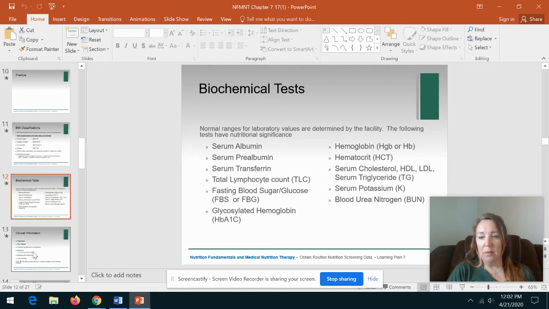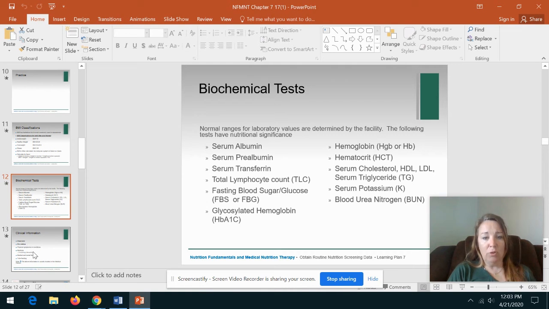So we might not see an increase in serum albumin for 3 weeks to a month, whereas we contrast with the serum prealbumin that has a much shorter half-life, and we can start to see the results of our nutrition interventions increasing that serum prealbumin in just a few days, okay?